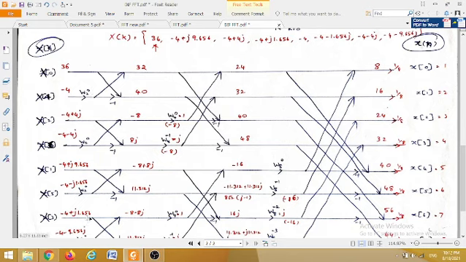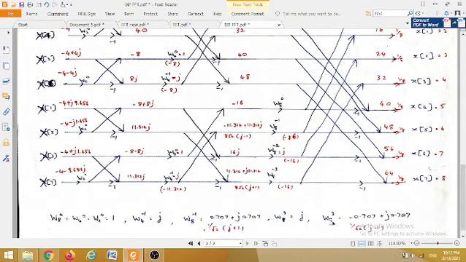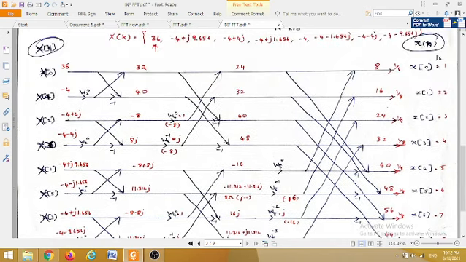Okay, so when this is correct, and if you are drawing the structure properly with all the twiddle factors and the twiddle factor values mentioned, you can expect half the marks. You don't need to give the answers. The structure is correct, the input is applied properly, the bit reversed order means bit reversed order, and the output is given in the normal order.